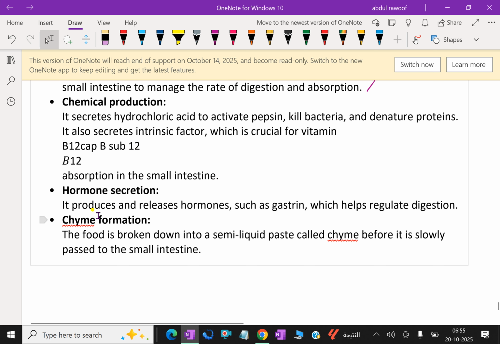Hormone secretion. It produces and releases hormones such as gastrin, which helps regulate digestion. Chyme formation. The food is broken down into a semi-liquid paste called chyme before it is slowly passed to the small intestine.